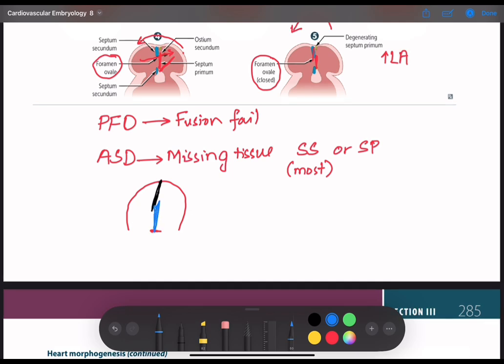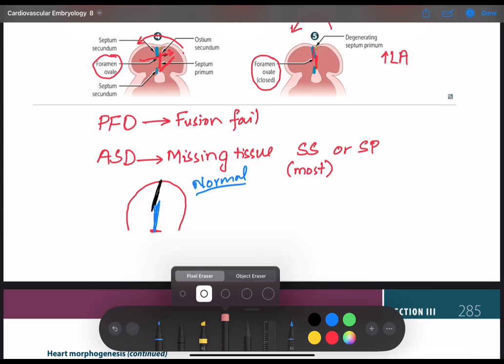This is a normal heart or normal state where normal fusion occurs. In septum secundum type of ASD, we have a short septum secundum due to misdevelopment or underdevelopment of septum secundum. Thus, we have right to left shunt or an ASD.